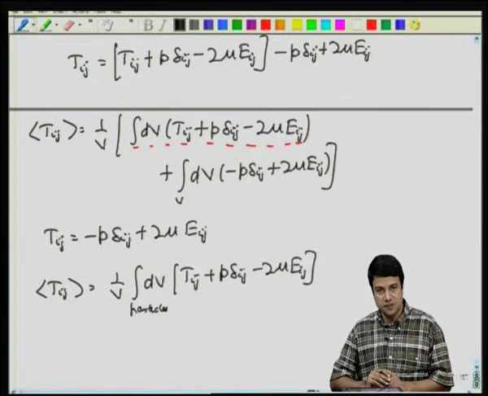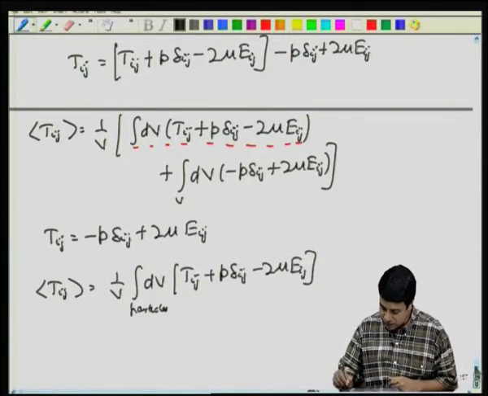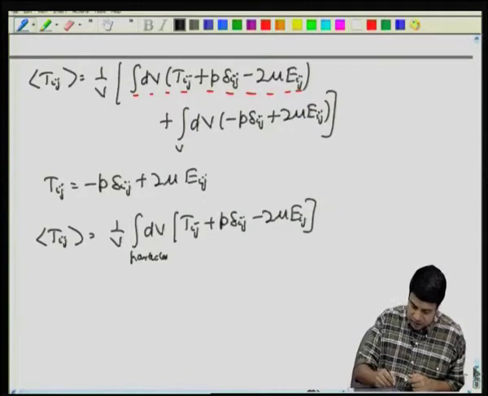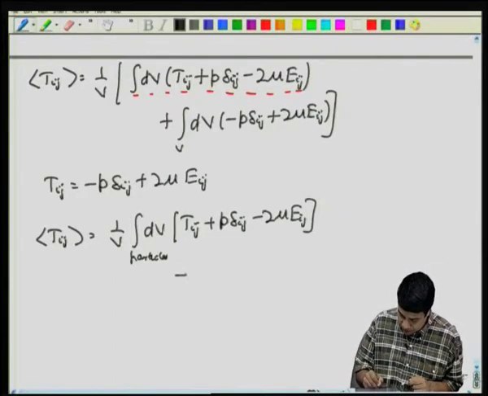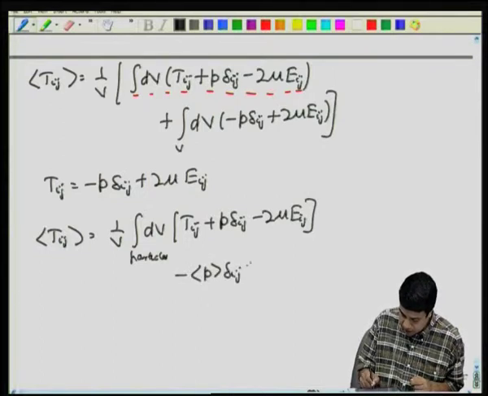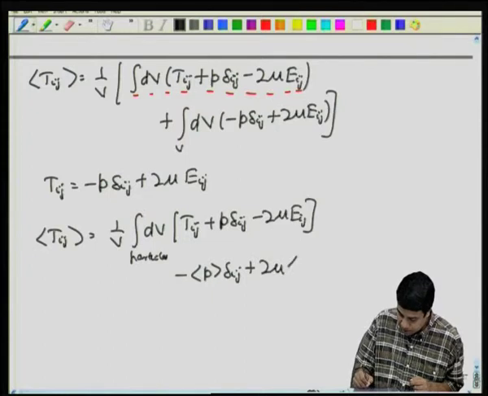So, this is just the volume averaged pressure and the rate of deformation tensor in the fluid. So, this is just equal to minus average P delta ij plus 2 mu times Eij.